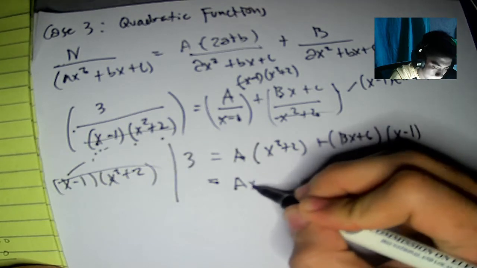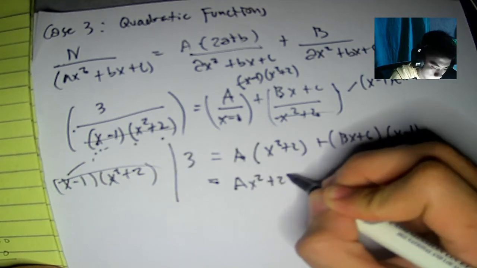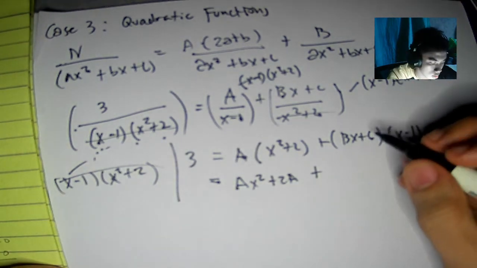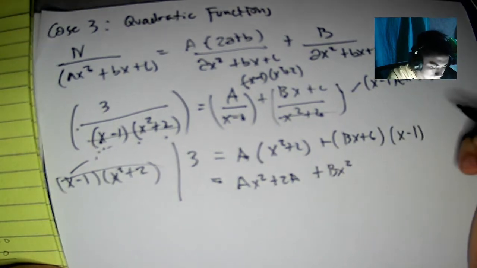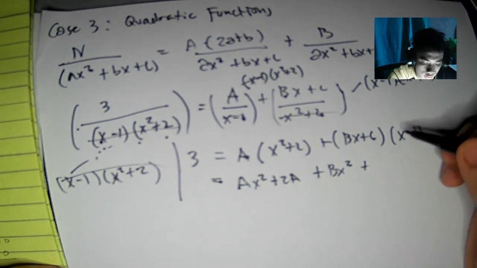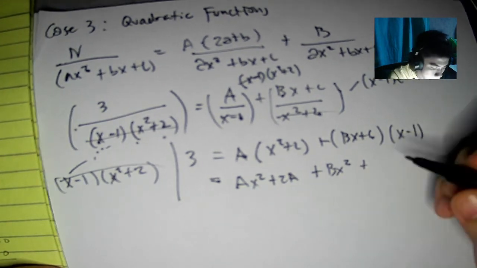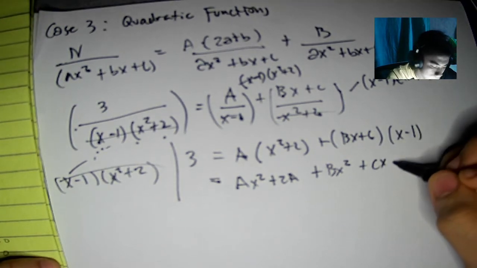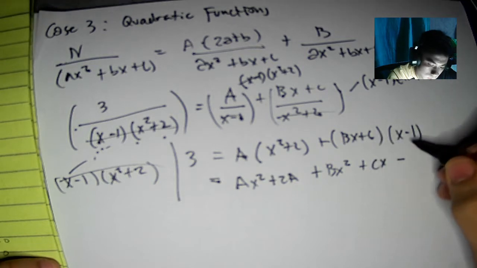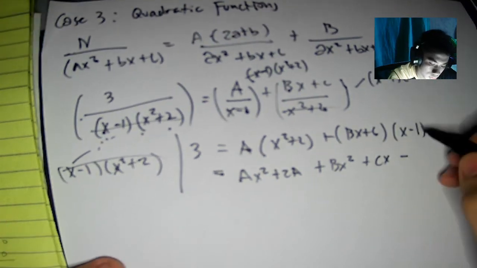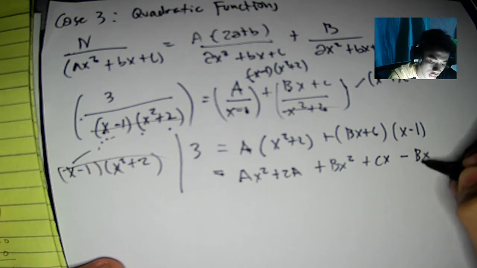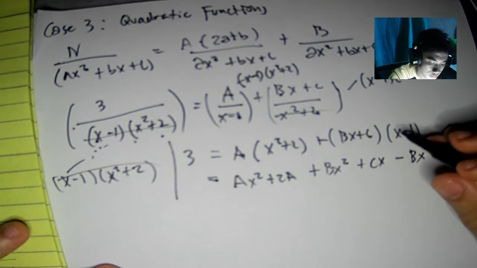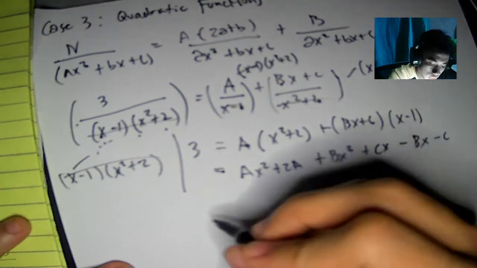Have ax squared plus 2a, okay, this one, plus what? Bx times x is bx squared, and plus cx. So let's follow this first. Minus 1 times bx is bx, negative because of the negative 1, plus c times negative 1 is negative c.